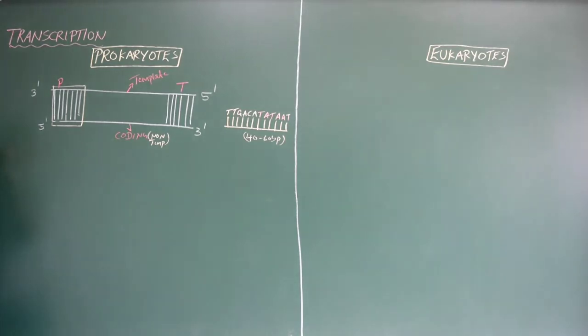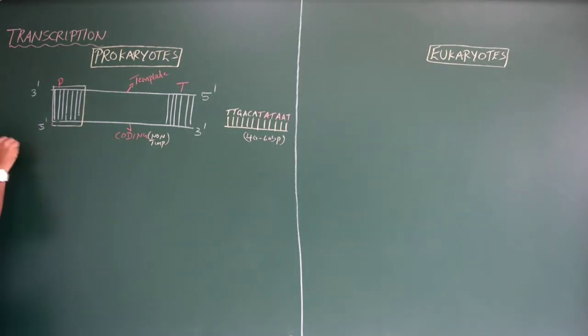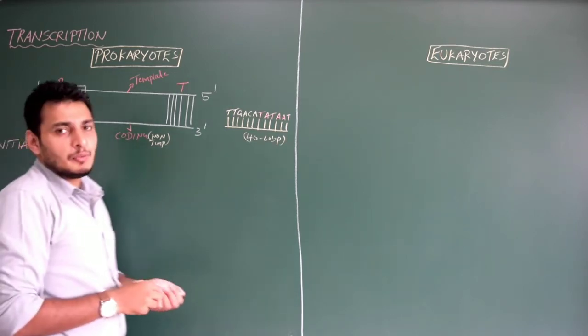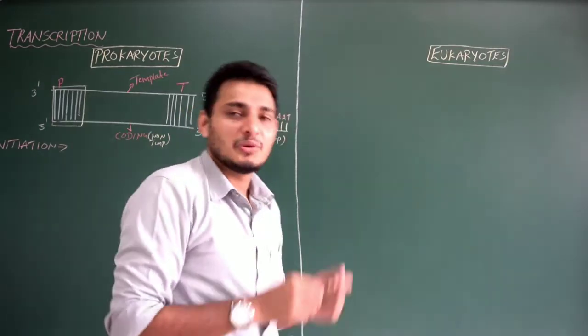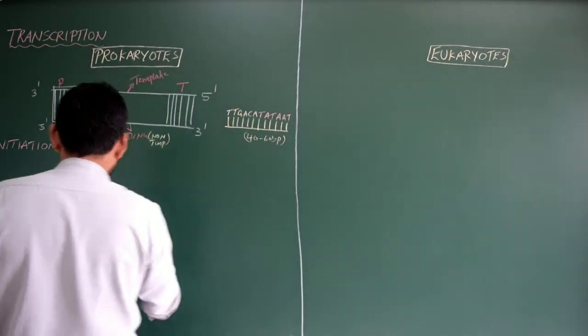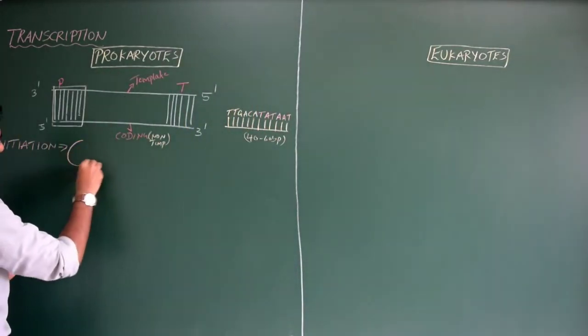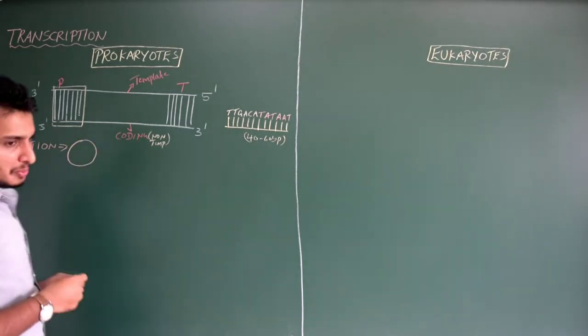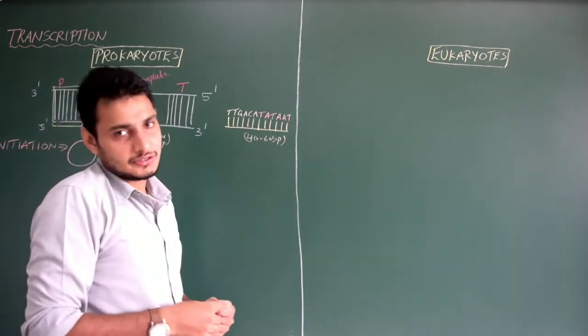The first step of transcription is initiation. For the initiation, what is required is RNA polymerase. DNA dependent RNA polymerase is very important. So we just draw the RNA polymerase. How many polypeptides are present in RNA polymerase?